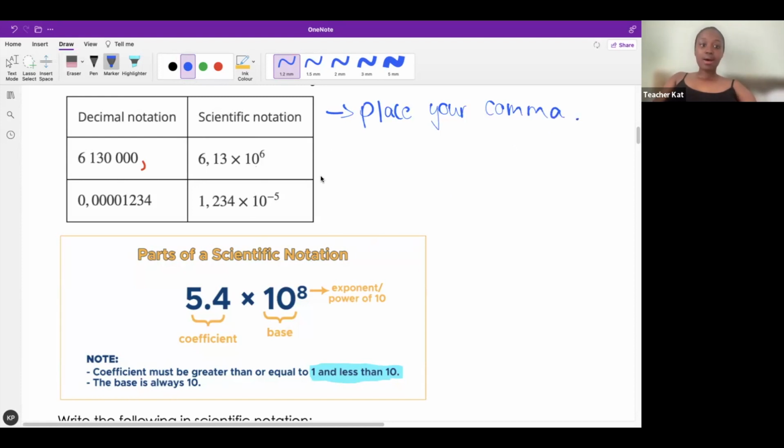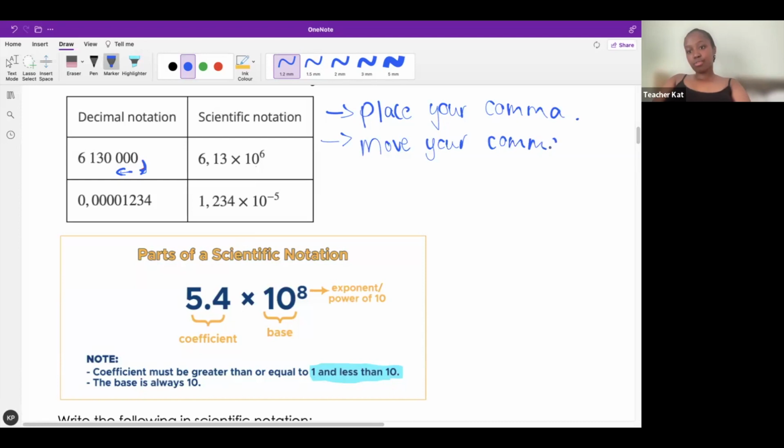Now you need to decide, is my comma moving to the left or to the right? If it's over here at the end, and I want to get it here by the 6, is it going to move left or right? Look carefully where it is currently. It is here, and I want to move it that way. So it moves to my left.